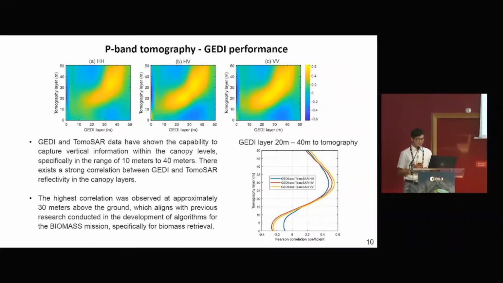If we take the GEDI data at the layer of about 30 to 35 meters, and do correlation with the tomography as a function of height, we see in the figure at the bottom a very good correlation at about 30 meters. So if we are able to get some vertical information, we can capture more or less the volume information like this one, and they are quite consistent.